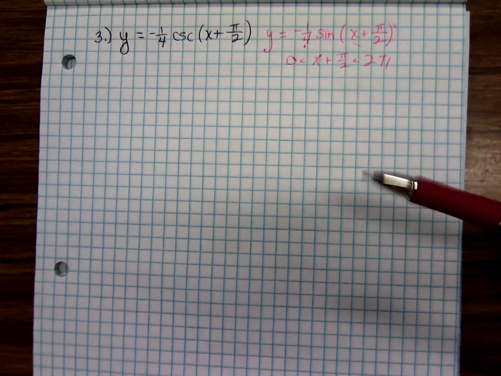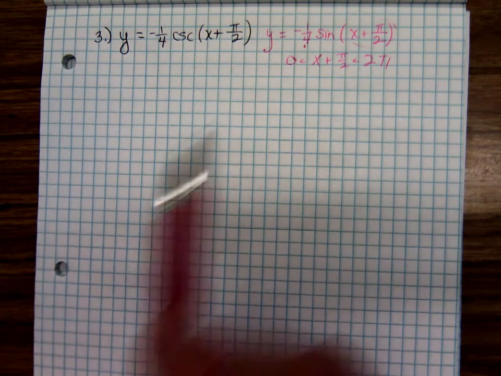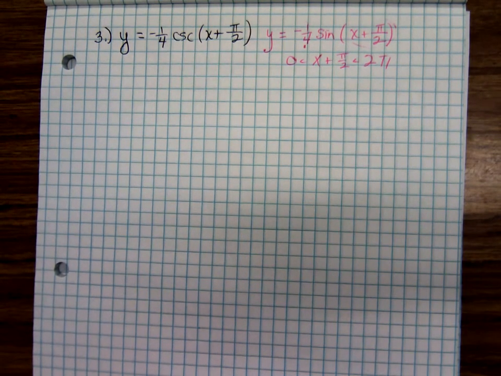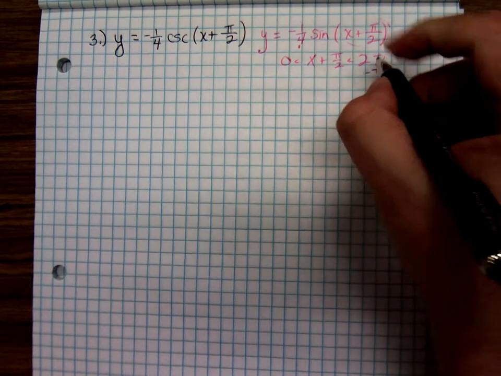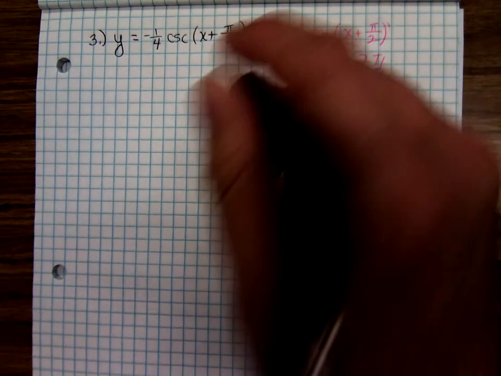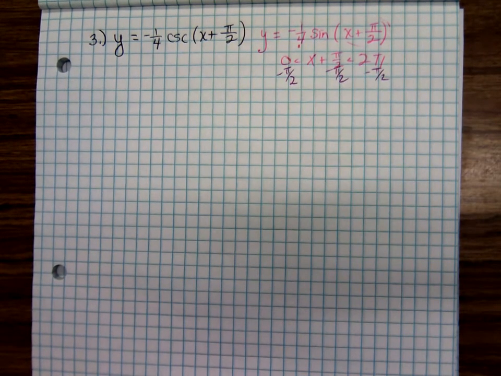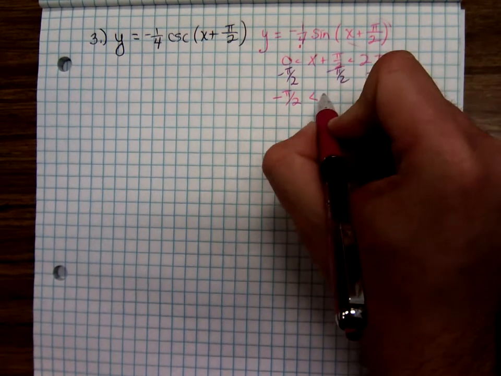So let's see, how do I want to go about solving this thing for x? Would it just be subtract pi over 2 all the way through? So we would have -pi over 2, and x in the middle.